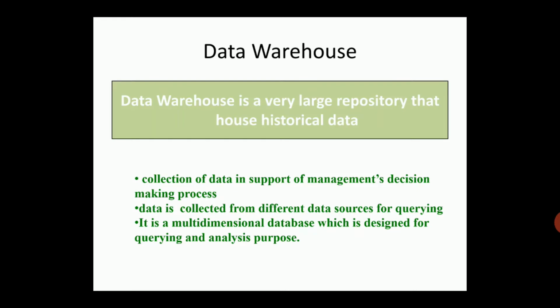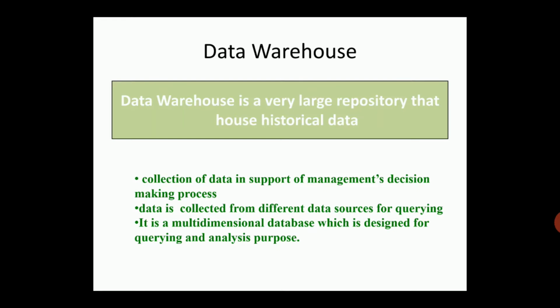So to focus on the type of data stored in the data warehouse, it is a multidimensional database which is designed for querying and analysis purposes. So what is a data warehouse?